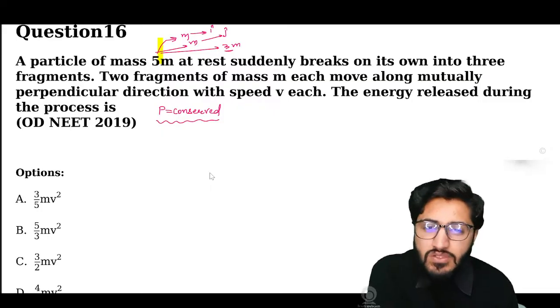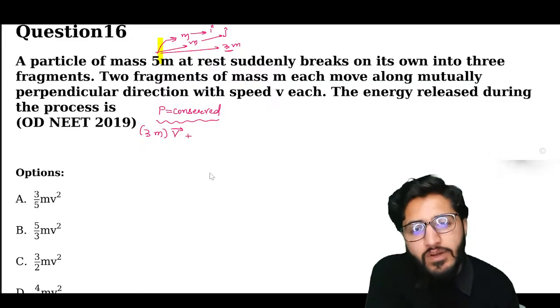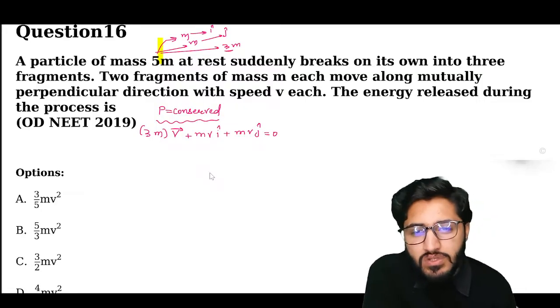So the mass is 3m, and we don't know its velocity, so I write it as v vector, plus the second one with mass m and velocity v in i cap, plus the third one with mass m and velocity v in j cap, equals 0. I can take m common and cancel it out.